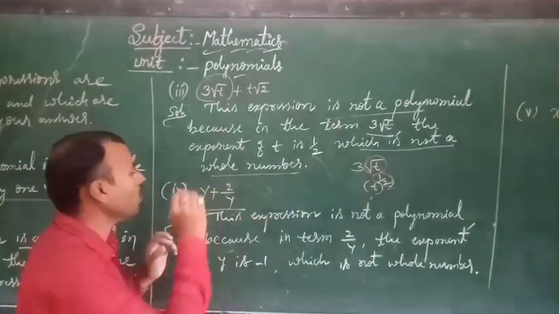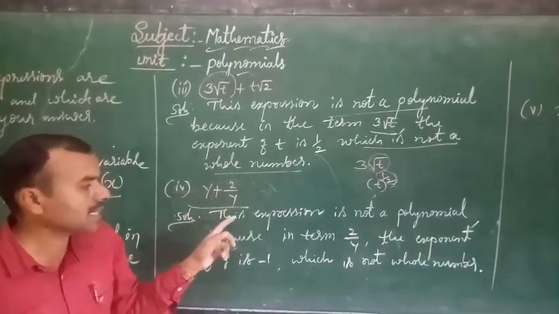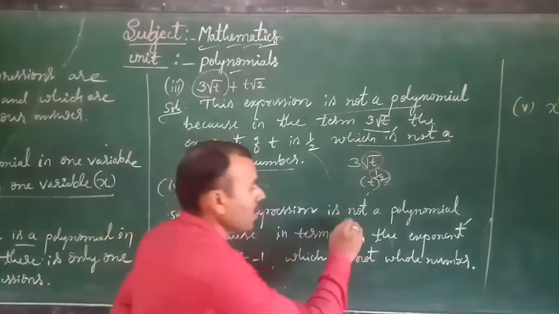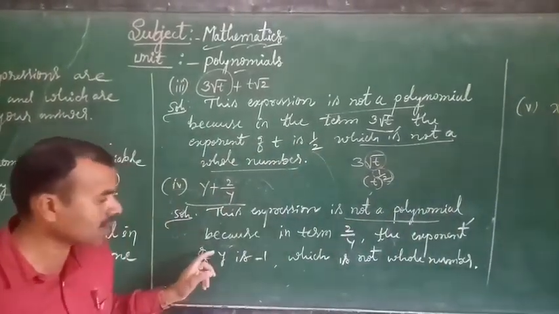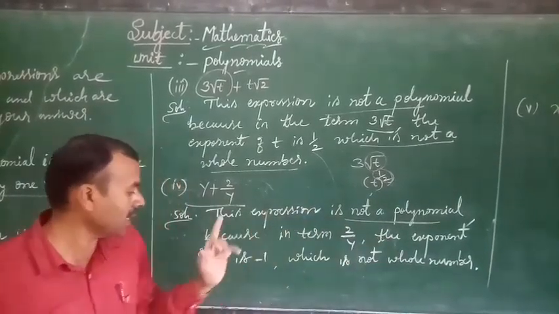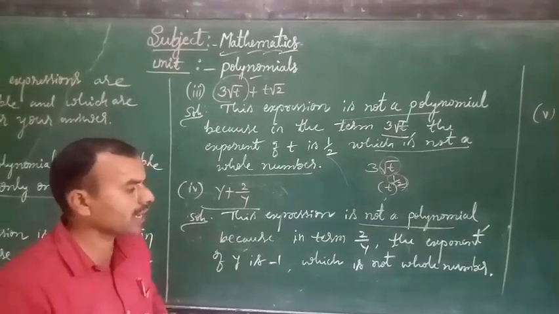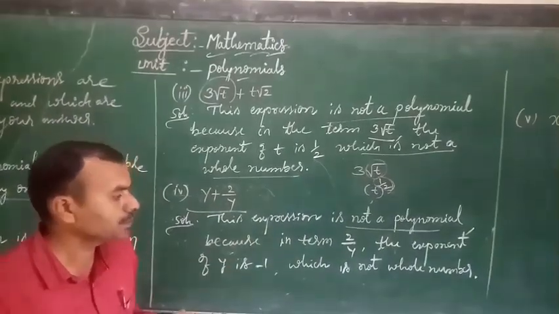And fourth one, y plus 2 by y. This expression is not a polynomial, because in the term 2 by y, the exponent of y is minus 1. How can we get minus 1 here?